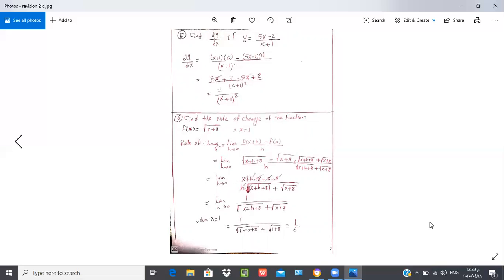It's a small part about differentiation. I want to revise this part again. Here he said, find dy by dx if y equals 5x minus 2 over x plus 1.